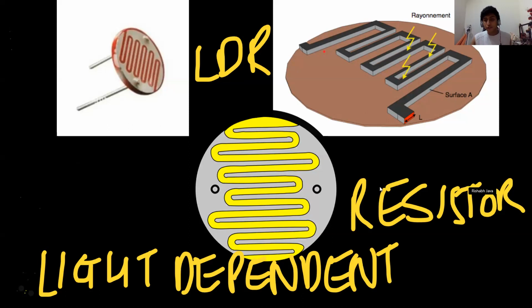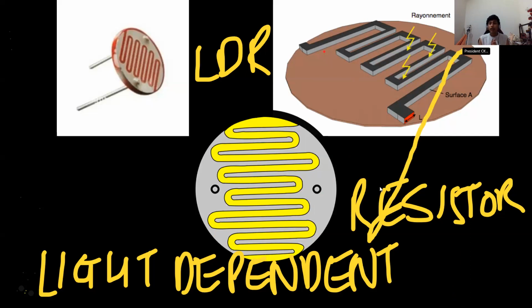It's also called a photoresistor. You're right, Ishan. It's called a photoresistor or a light dependent resistor because, like a potentiometer, its value of resistance changes with the amount of light falling on it. It's as simple as that. So the amount of light falling on the LDR will change the value of its resistance.